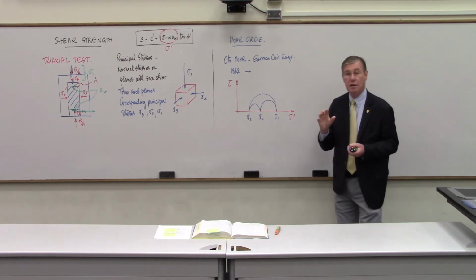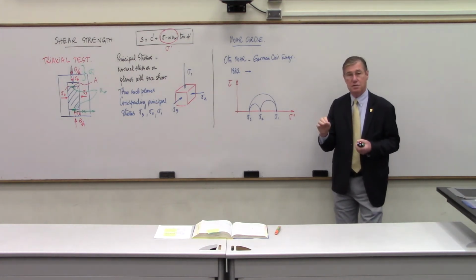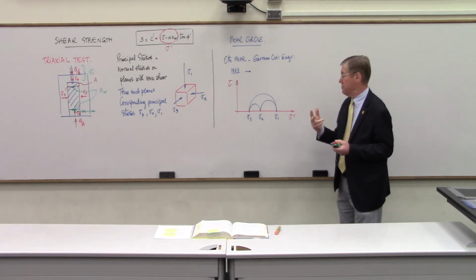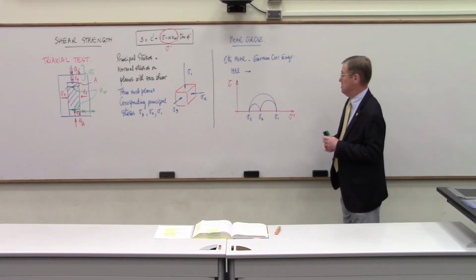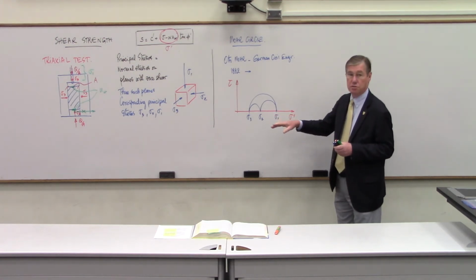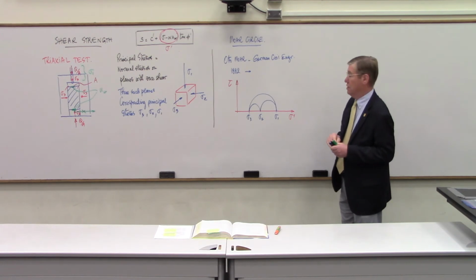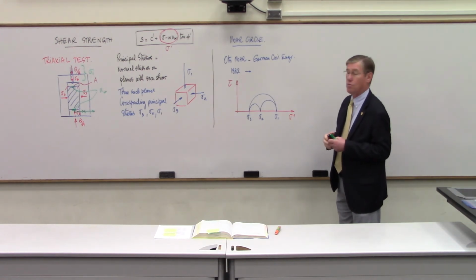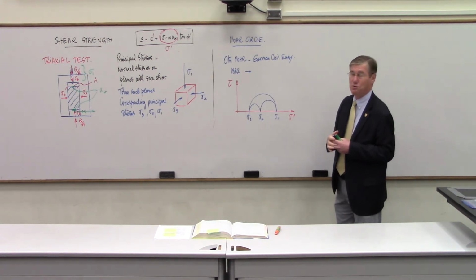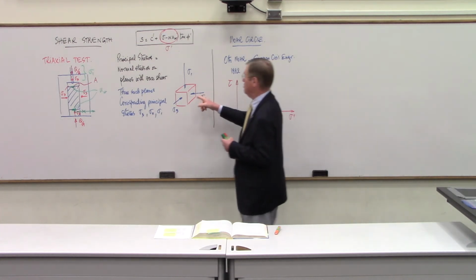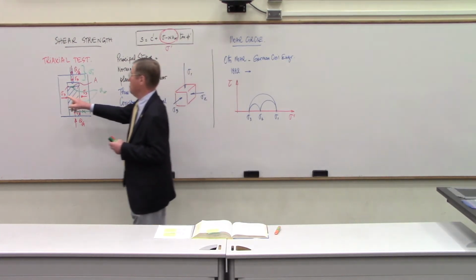So really, for any point in the mass that is stressed, we'll have three principal stresses, and accordingly, three more circles. The reason we only have one more circle to deal with in the triaxial test is because sigma 2 is equal to sigma 3. Okay?